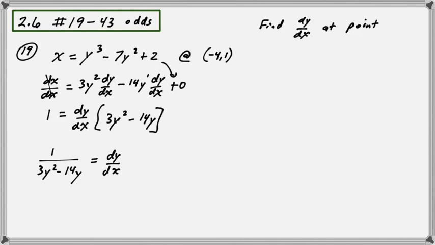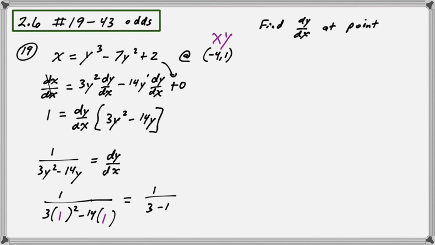So what do I have here? I have 1 over 3y squared minus 14y. The only question is, what's y? Apparently it's 1. So you get 1 over 3 minus 14, I believe, which is 1 over negative 11.